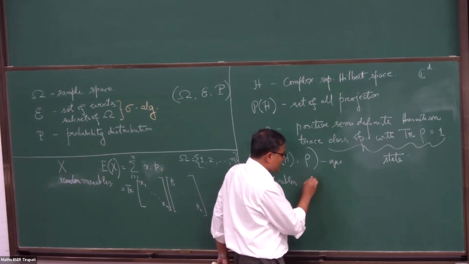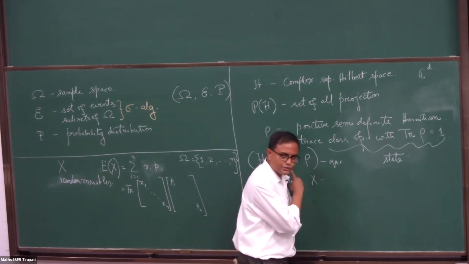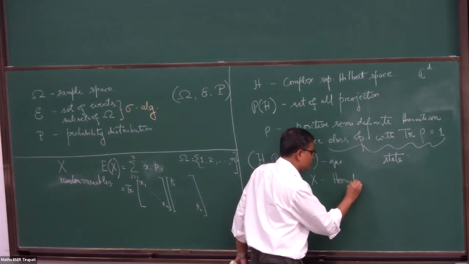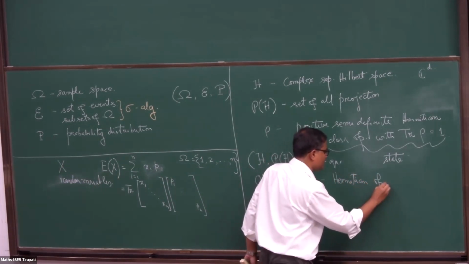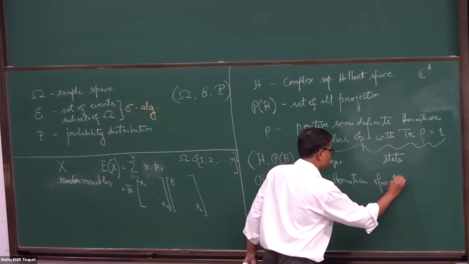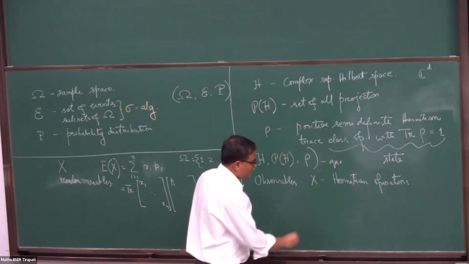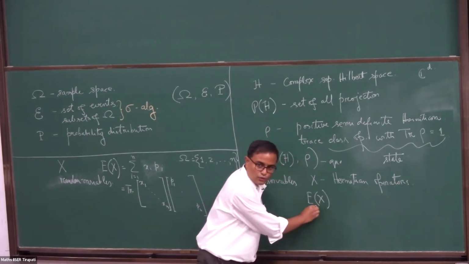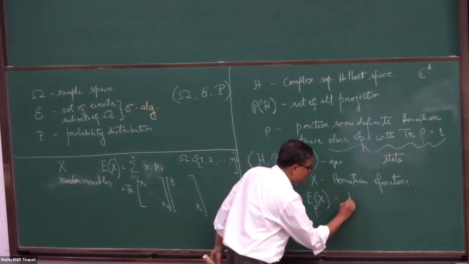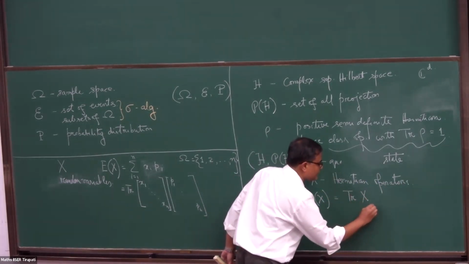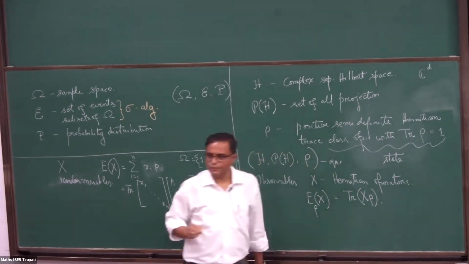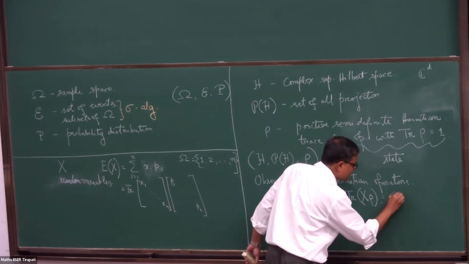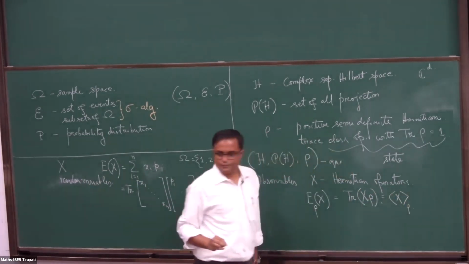The observables are written by the same notation x. These are all Hermitian operators. And the expectation of x upon a state rho, which I write like this, will be nothing but trace of x acting upon rho, or in physics people like to represent it by this notation also.